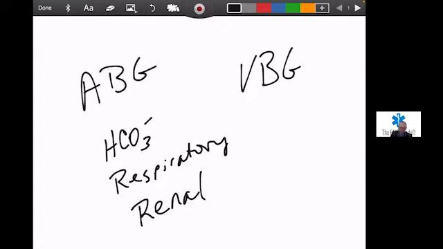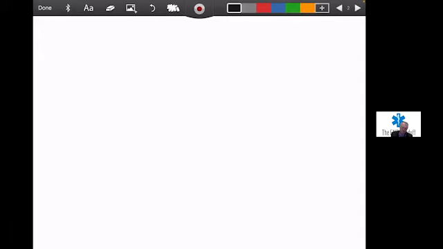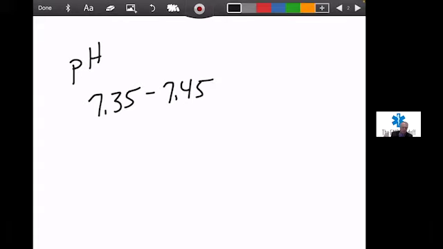So what are the components of an arterial blood gas? There are 6 components that we're mainly going to look at. We're going to dive into a couple of these a little bit deeper, but the first one is the pH. The pH is the concentration of hydrogen ions, and that determines the acidity or the alkalinity of the body fluid. A pH of 7.35 to 7.45 is what we consider normal.